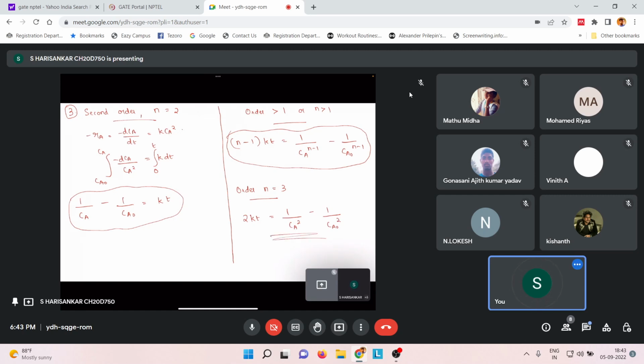Right. So using this, you can even find higher orders like 4, 5, 6, and so on. We can just substitute the orders n in this equation, and we can find the corresponding rate equation. Okay, fine.